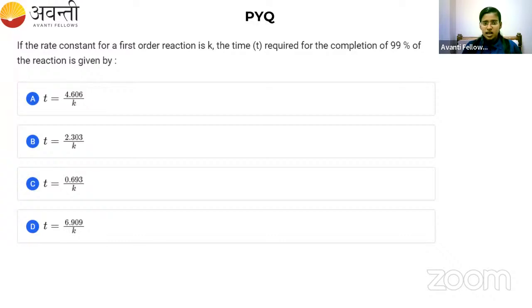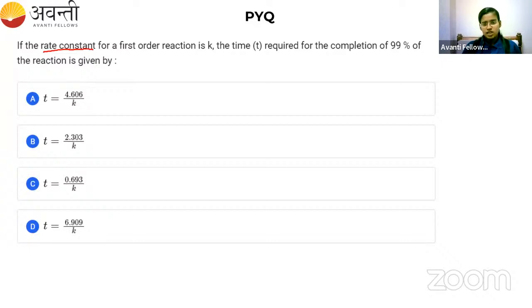The question says that if the rate constant for a first order reaction is K, the time required for the completion of 99% of the reaction is given by, where the rate constant is K, what is T? Which option is correct?